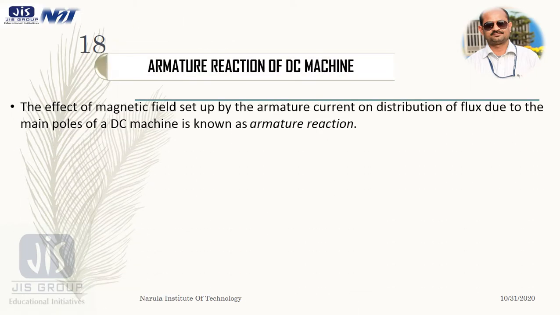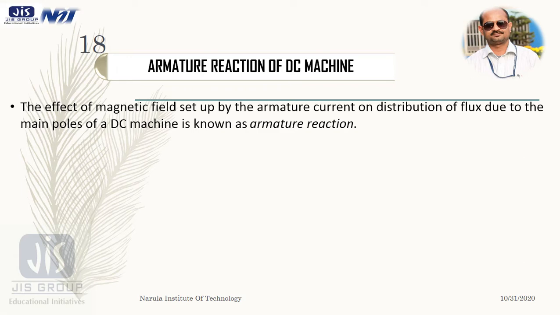So what is armature reaction? The effect of magnetic field set up by the armature current on the distribution of flux due to main poles of the DC machines is known as armature reaction.